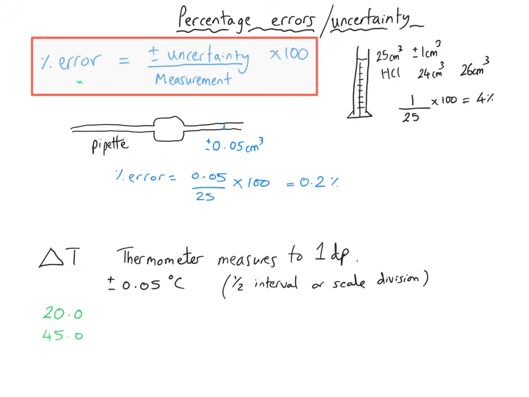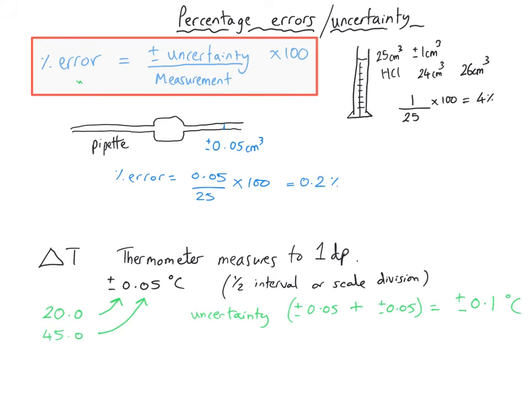Now each of those measurements could be out by this plus or minus 0.05 degrees Celsius. And so when we're working out our uncertainty, if we've got repeated measurements like we have here, we need to add those two together for each of the repeated measurements.